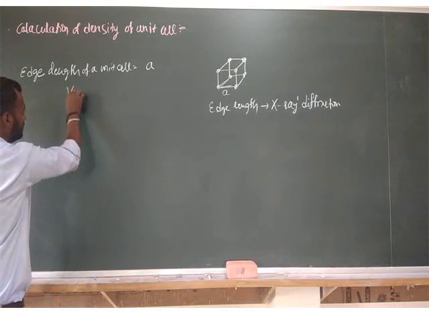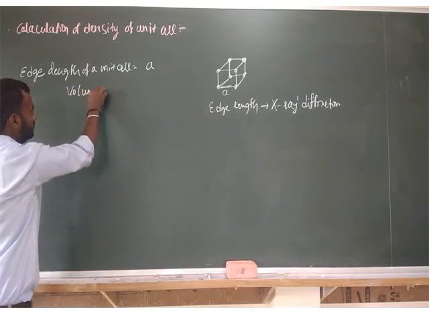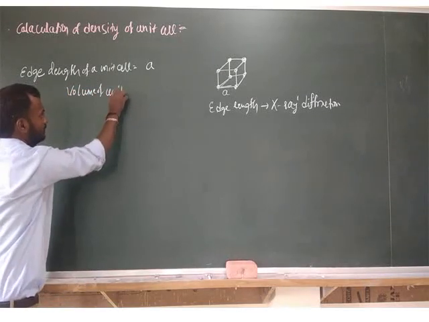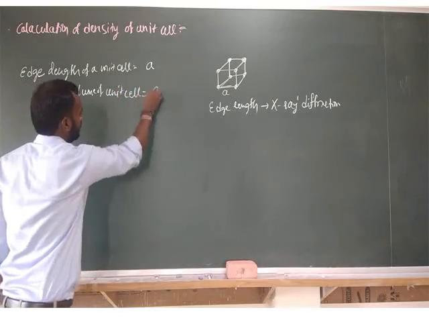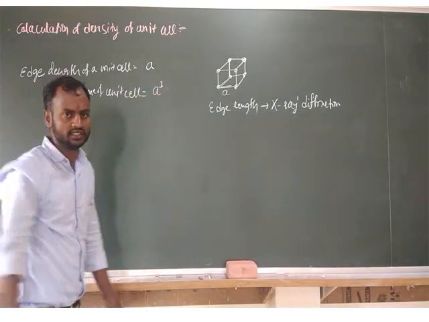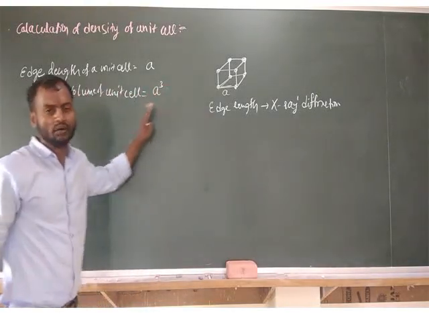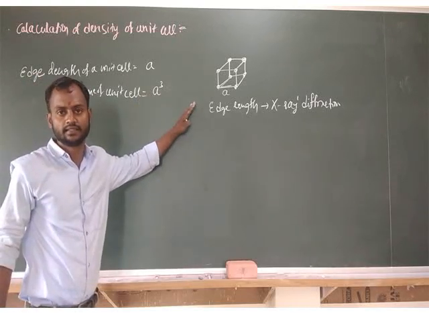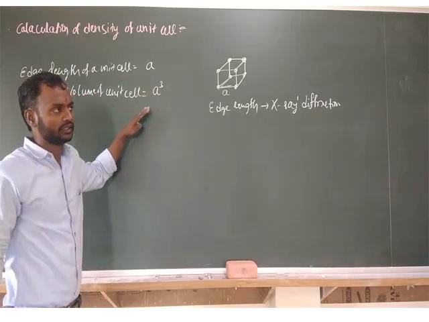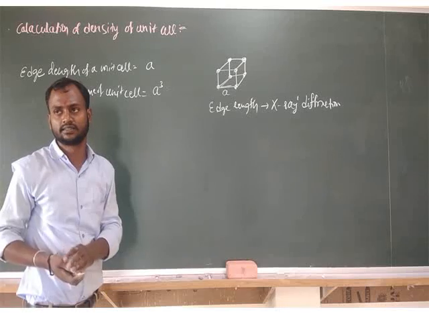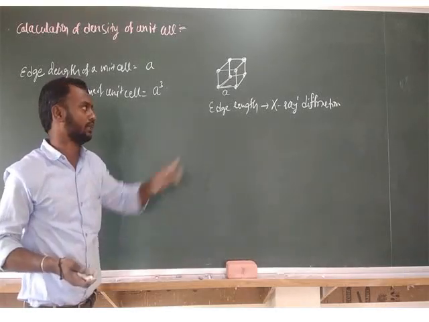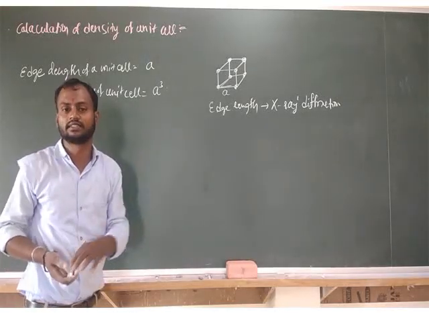The edge length is a and the volume of the unit cell is a cube. These values are taken from X-ray diffraction studies of the crystal lattice.